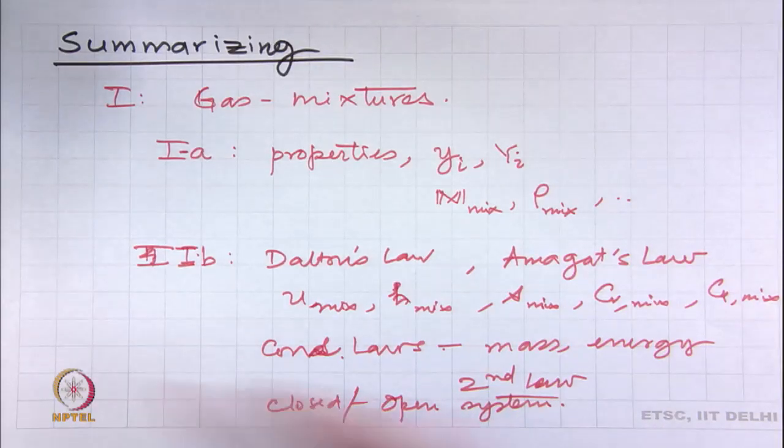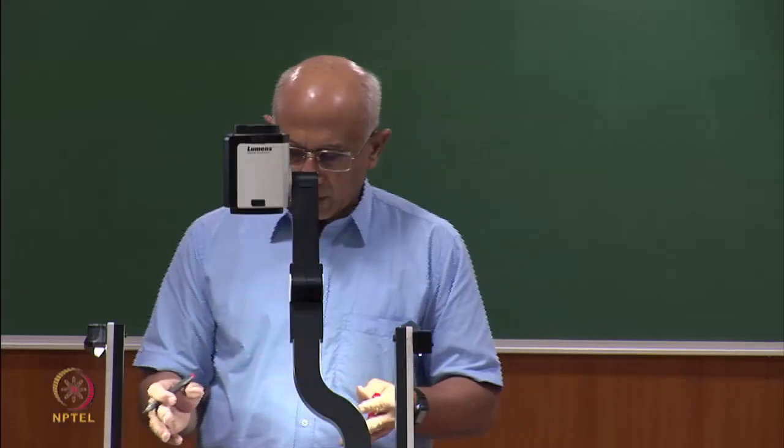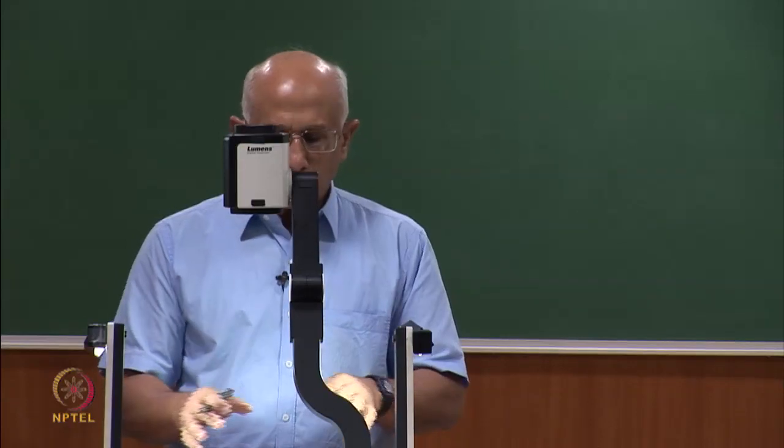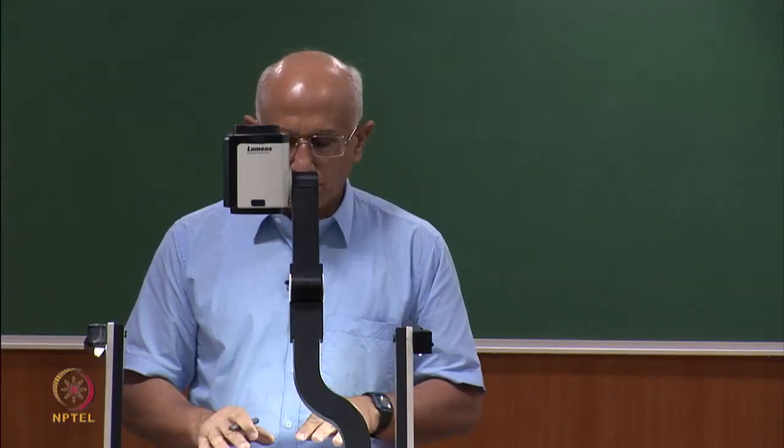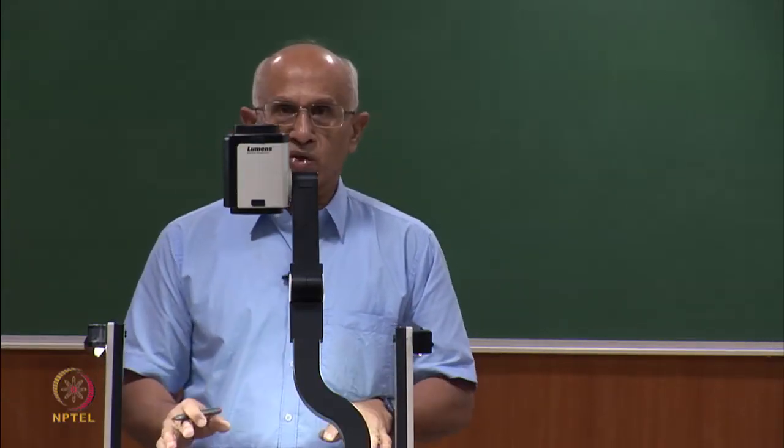So, we have now the complete process with us to take a problem, apply this knowledge and solve all the things that are required when the working substance, instead of being a pure substance, is a mixture.